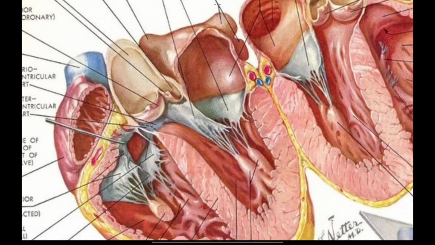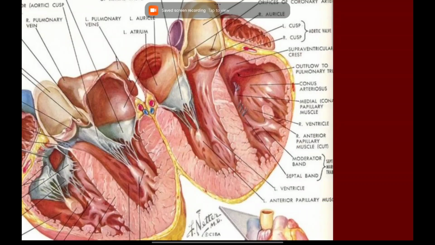The oxygenated blood is collected into the left atrium, and when the bicuspid valve opens, the blood moves from the left atrium into the left ventricle.